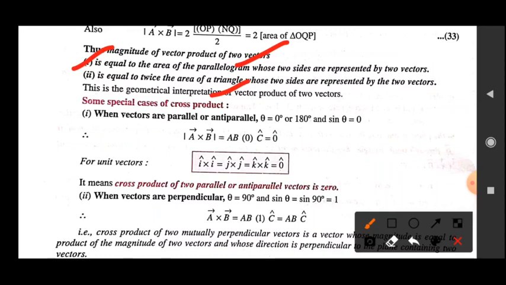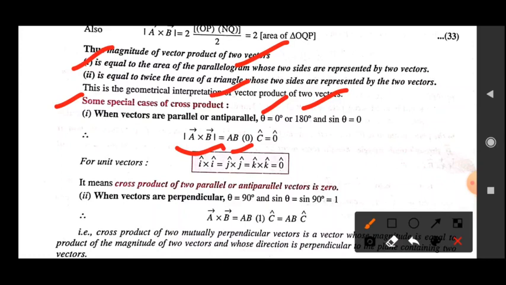Now let's see some special cases of the cross product. If two vectors are parallel or anti-parallel, theta will be 0 in the case of parallel and 180 in the case of anti-parallel, so a cross b will be 0 because sine theta is 0.